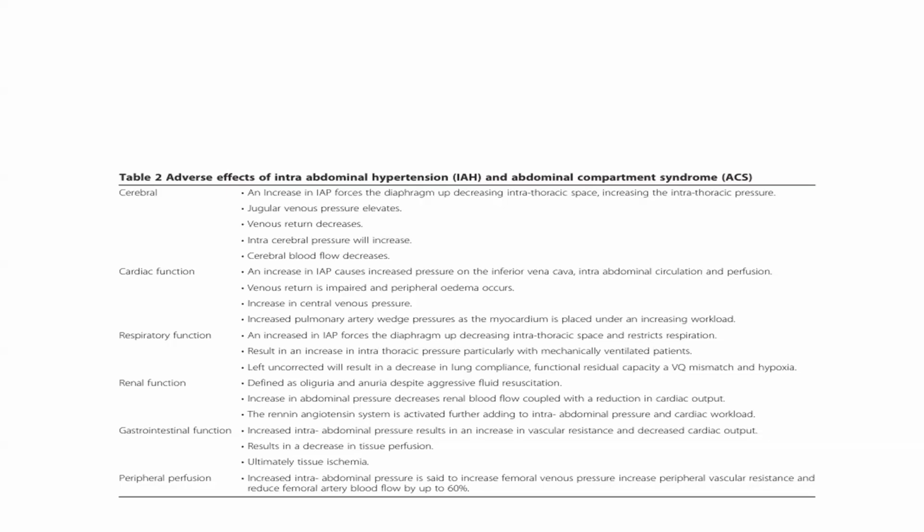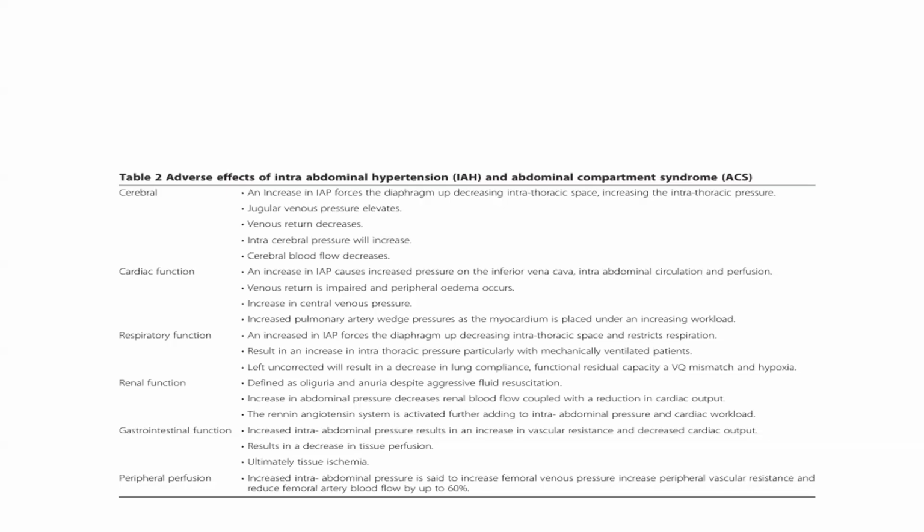Increased abdominal pressure decreases the renal blood flow, coupled with reduction in cardiac output. The renin-angiotensin system is activated further, adding to intra-abdominal pressure and cardiac work. Increased intra-abdominal pressure results in increased vascular resistance and decreased cardiac output.